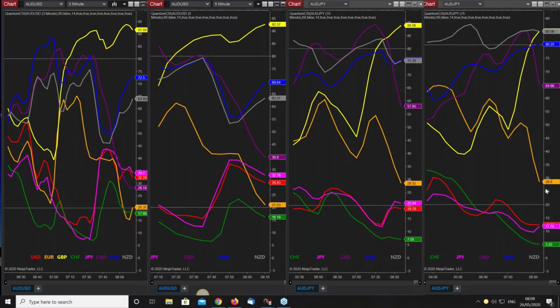That hasn't really moved at all, and that's a function of the local forces, the local drivers. You would expect the Aussie and the New Zealand to be stronger because we've just come out of Asia, and the time at which you come to your trading will also determine what's likely to move in that local time zone, as it were.